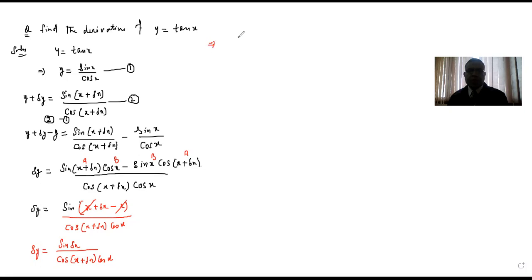Which implies delta y over delta x, limit delta x tends to 0. I have divided by delta x on both sides. Sin delta x upon delta x, limit delta x tends to 0, cos x plus delta x cos x.